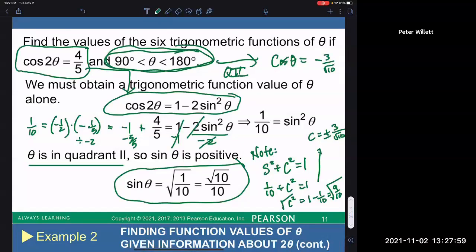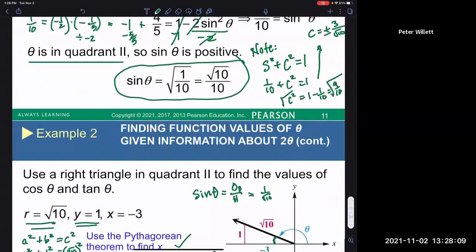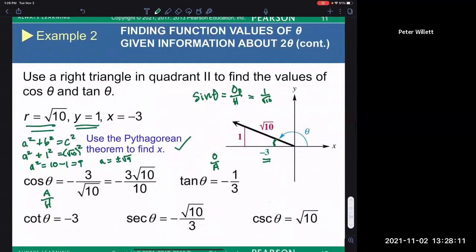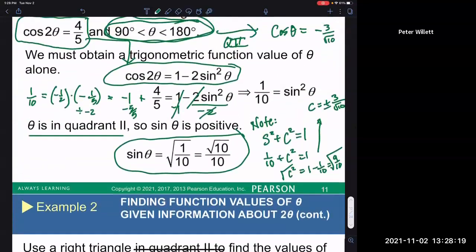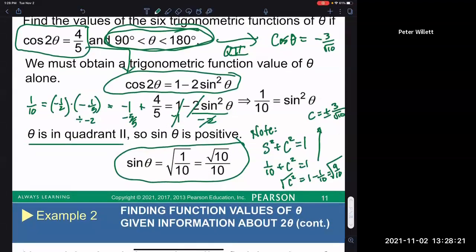So that's the way we've been doing this kind of problem: given a sine value, find the cosine value if you know which quadrant you're in. That's how we've done that in the past. I do like that they showed this triangle here, but notice we could have gotten this -3 over root 10 value for the cosine just by using the trigonometric identity that sine squared plus cosine squared equals 1. And that might have seemed a little easier. And then once you know cosine and you know sine, you can make the other 4 trigonometric functions by making fractions of these.